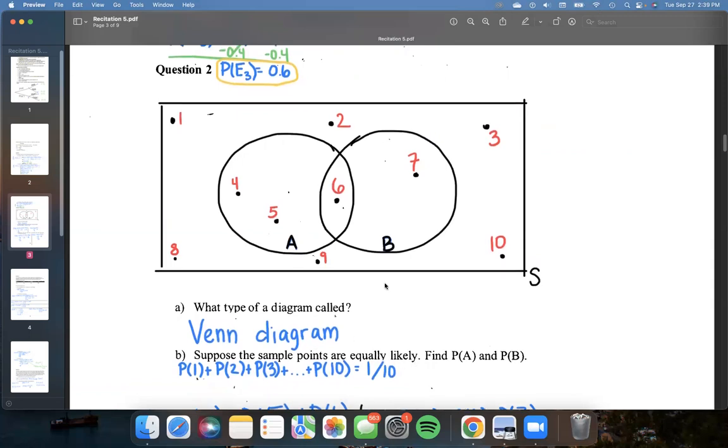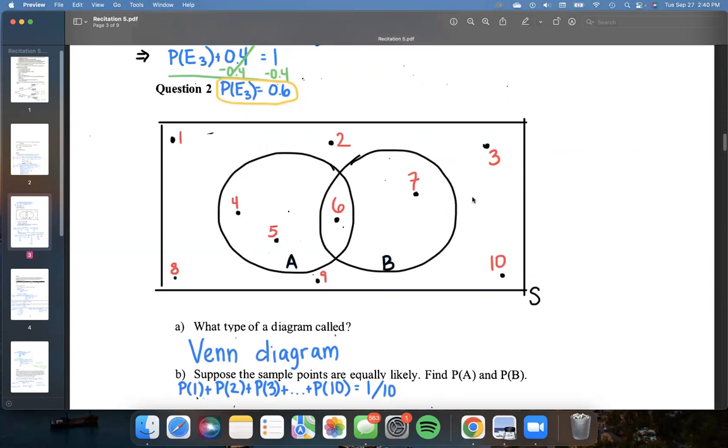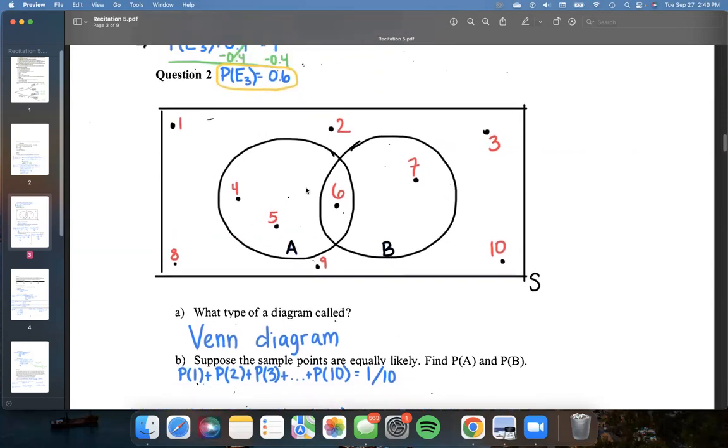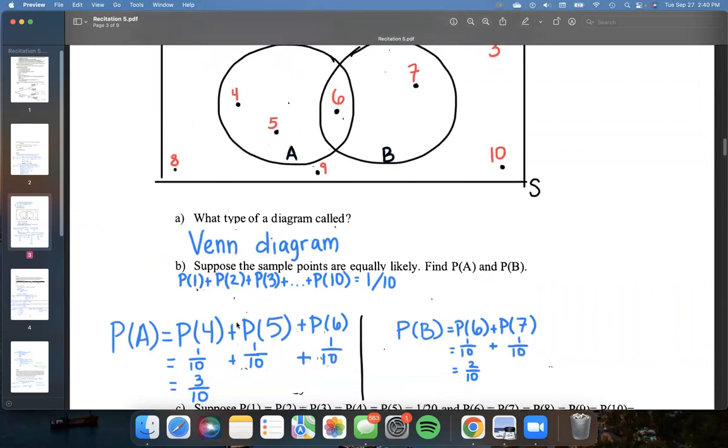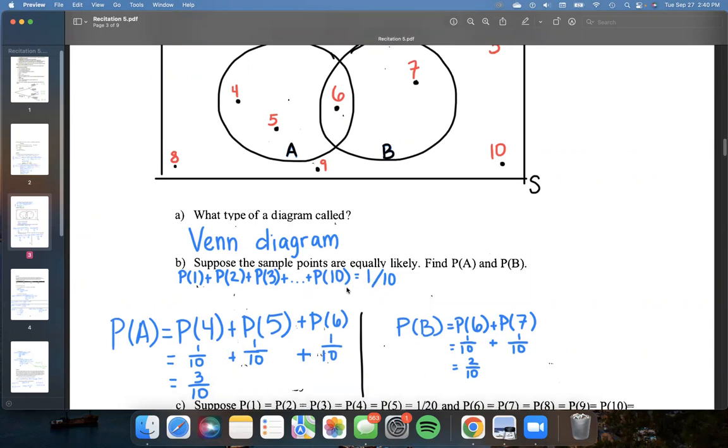using the property I showed you before, because they're equally likely. So now we have to find the probability of event A and the probability of event B. So first, the probability of A, we have sample points 4, 5, and 6. So we would do the probability of 4 plus the probability of 5 plus the probability of 6. So here it would be 1/10 plus 1/10 plus 1/10, because they're all equally likely.